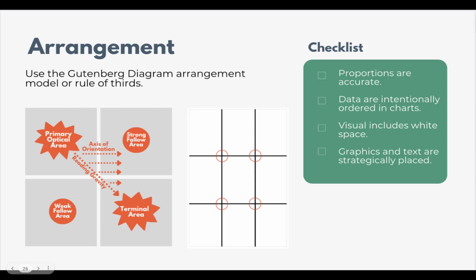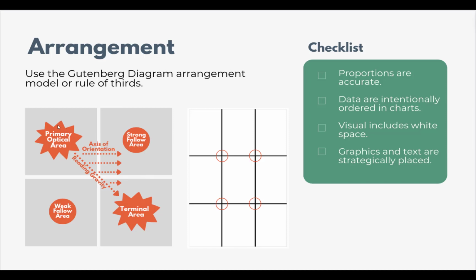Next, we also want to think about arrangement and how the eye travels over paper and processes information. So you'll see in our diagram here, when folks are reading in English, our primary optical area is that top left. And then we go around to the bottom.